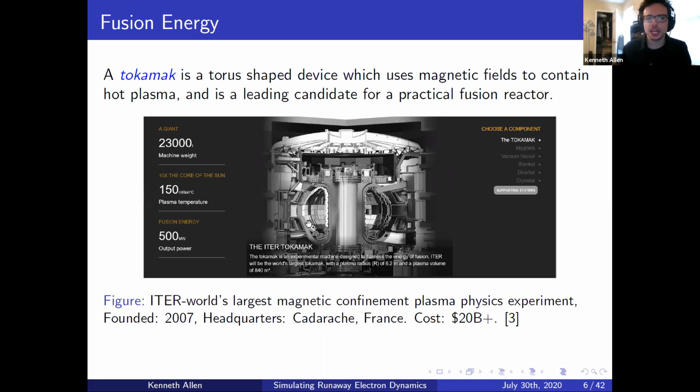The heat of the plasma inside can get up to 150 million degrees Celsius, which is 10 times the heat of the core of the sun. And it's also very expensive. This device at ITER costs more than $20 billion.